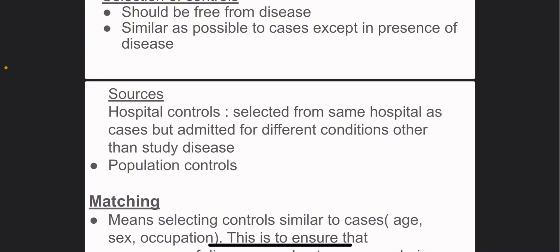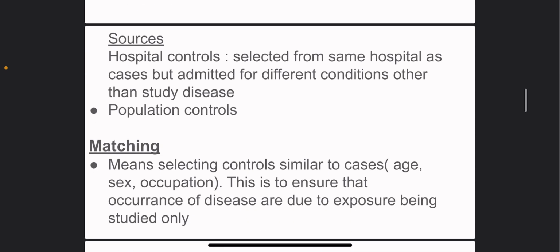Either you can select from hospitals, that means you can select your controls from the same hospital as you selected cases, but the control group should be admitted for any other disease other than the study disease. Okay, and you can also select it from general population. So these are the things you have to write under your first step in case control study, that is selection of cases and controls.